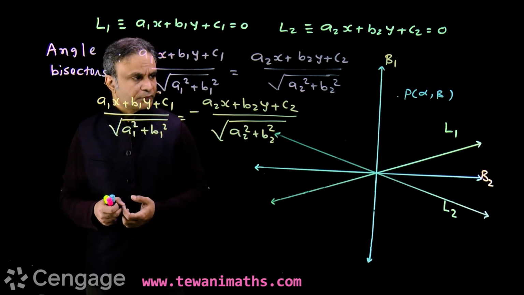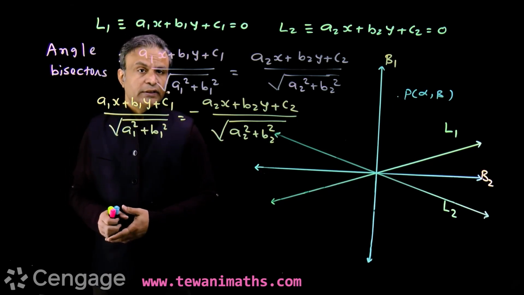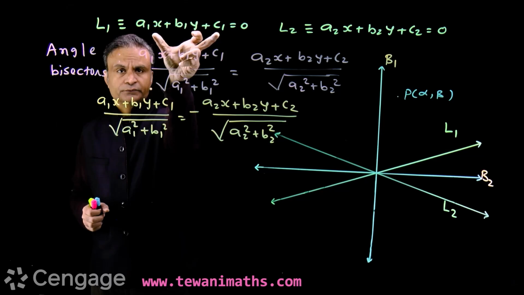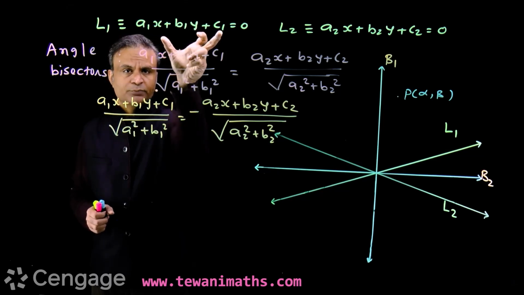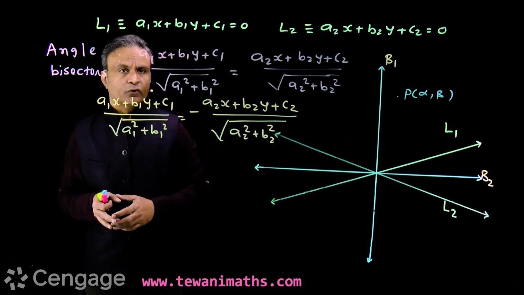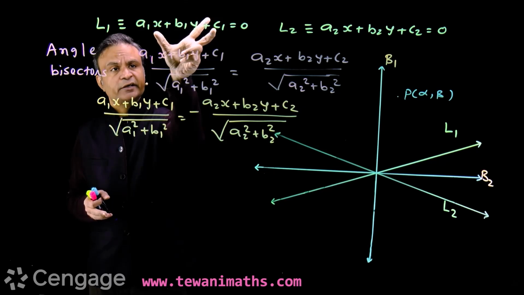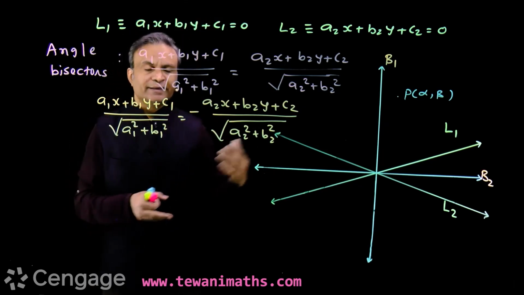Now we know that a line divides the plane into two regions. In one region, the sign of the linear expression is positive for all the points lying in that region, and in the other region the sign of the expression is negative for all the points lying in that region.